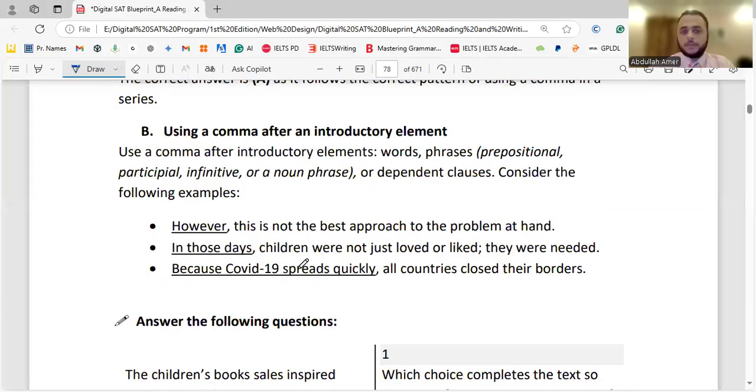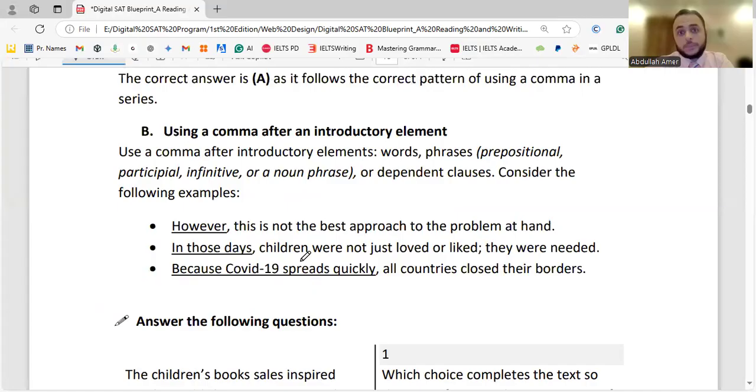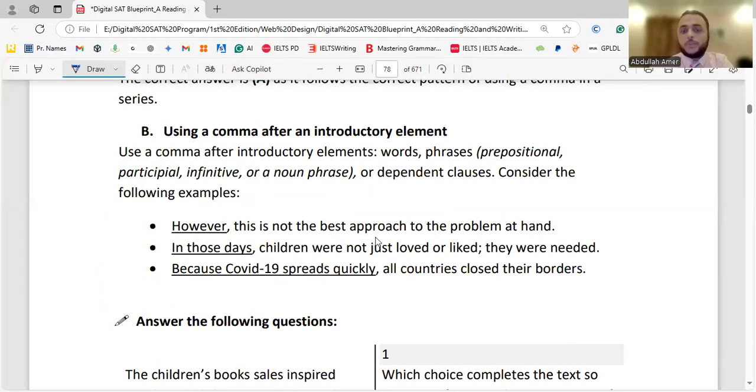Another skill that's assessed on the SAT is the comma after introductory elements. In English, introductory elements can be either words, phrases, or even clauses. So, as in here, "however" is a word. "However, this is not the best approach to the problem at hand."